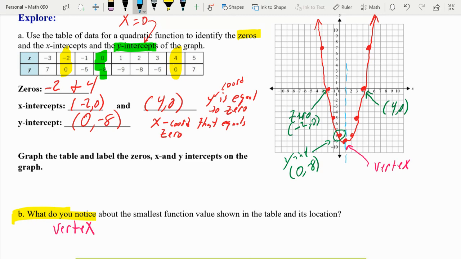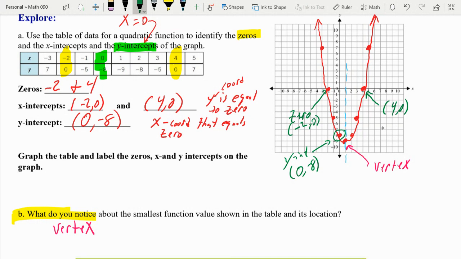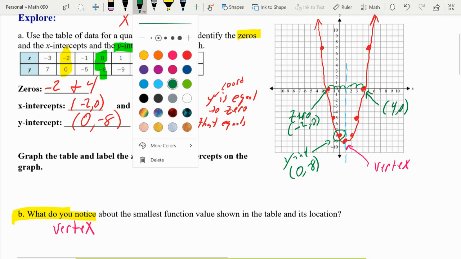You'll notice that the vertex, that vertical line, is right in the middle of the zeros. You'll notice it's 1, 2, 3 spaces that way, 1, 2, 3 spaces that way. It's right in the middle of the vertex.